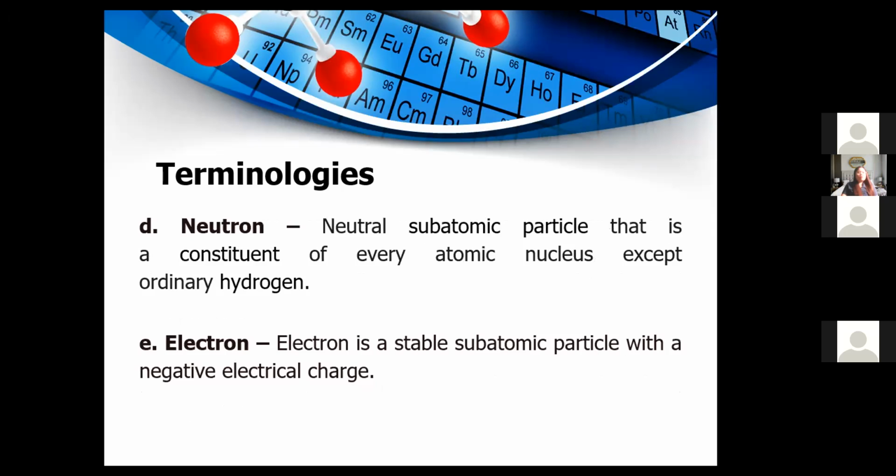So it is not found in hydrogen, guys, because the nucleus of hydrogen is too small. Next is electron. Electron is a stable subatomic particle with a negative electrical charge. So this is the opposite of the proton.